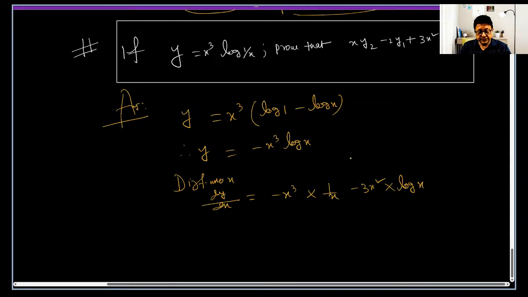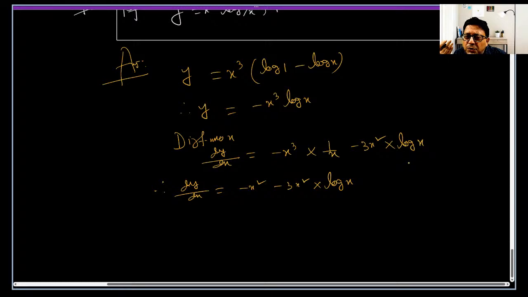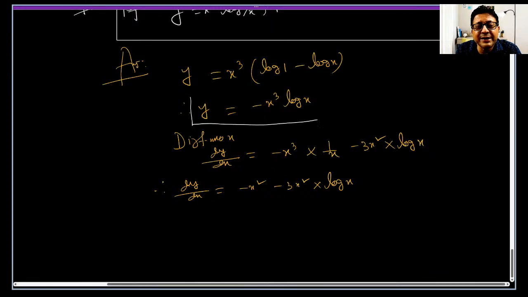Just differentiate once more. So dy by dx equals minus x square minus 3x square into log x. But before you differentiate, check one thing: we got the value of y here.